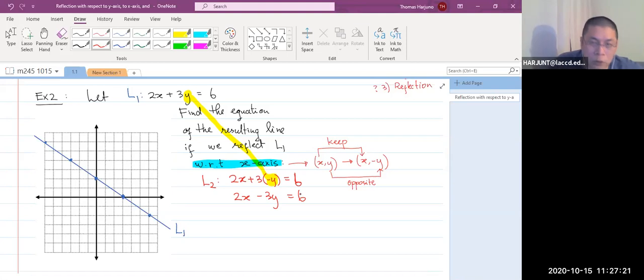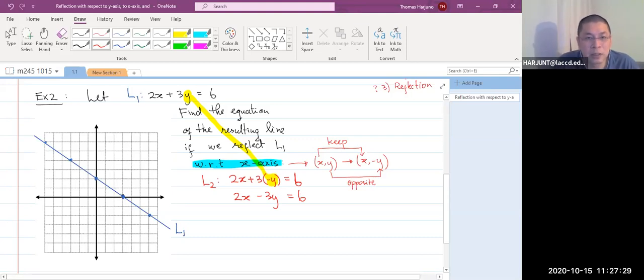Now, if you want, you can try graphing this, right? Line 2. When you graph line 2, the x-intercept is 3, 0. The y-intercept is 0, negative 2. Okay, yeah, you can check this equation of this line 2.